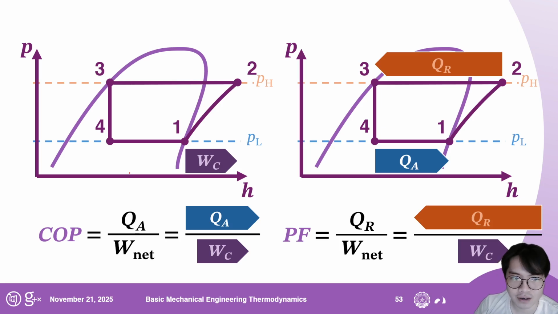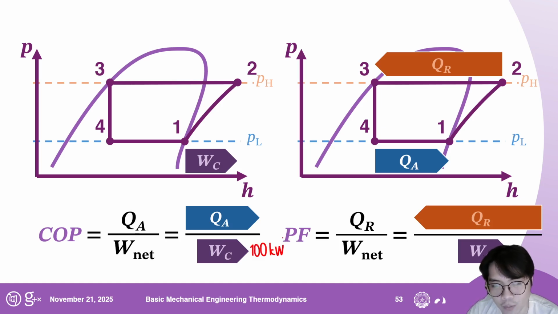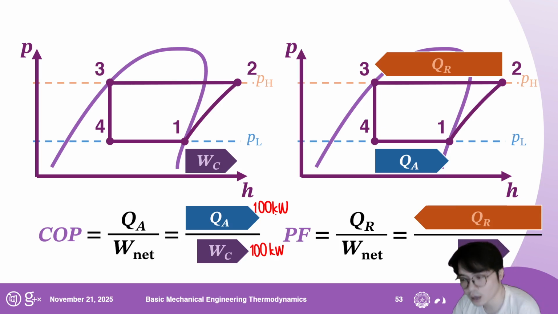If you think about it, a COP of 1 basically says that if you give out 100 kilowatts of power, you're only going to absorb 100 kilowatts of cooling. The air conditioner is only going to provide you with 100 kilowatts of cooling.